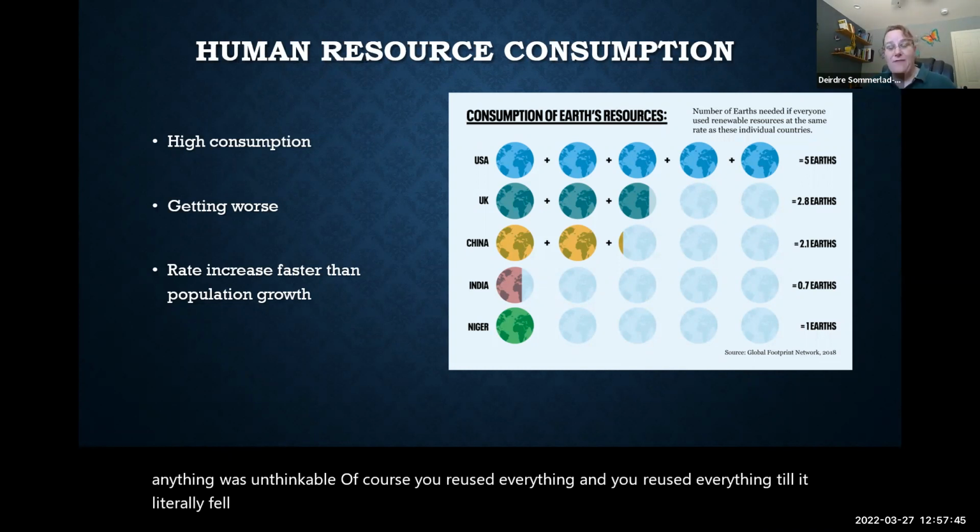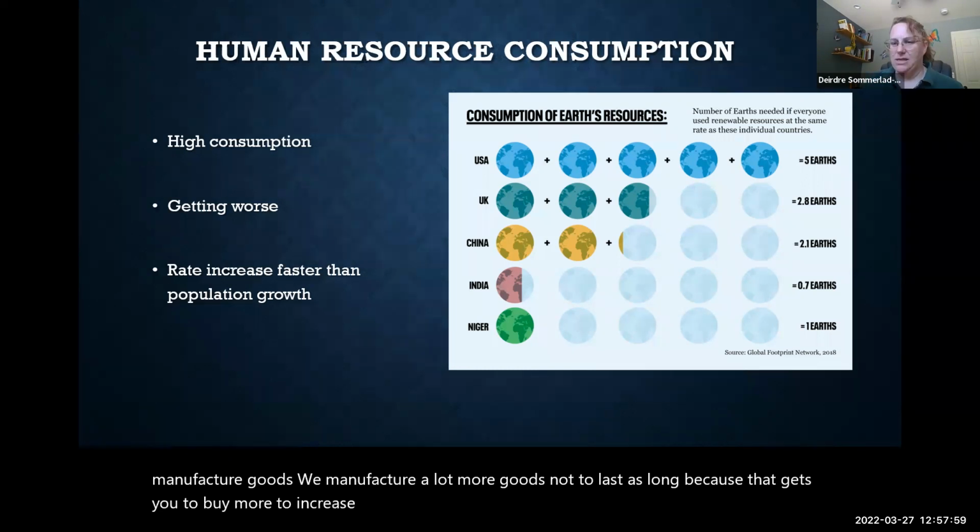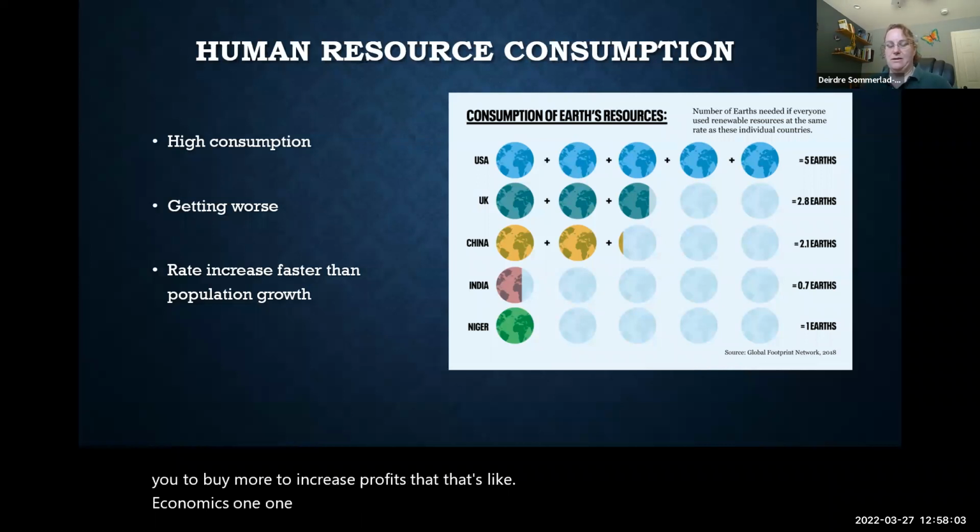We also manufactured goods to last. So there's been a shift in how we manufacture goods. We manufacture a lot more goods not to last as long, because that gets you to buy more, to increase profits. That's economics 101, by the way. This is not some kind of big conspiratorial theory. This is basic economics.